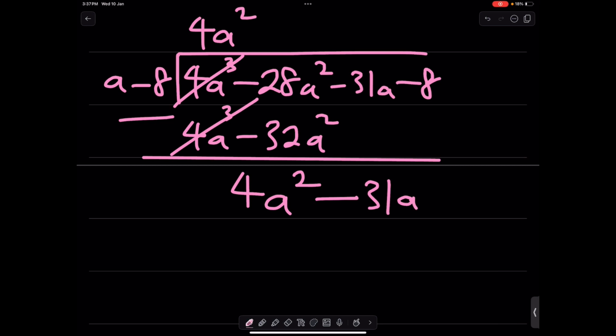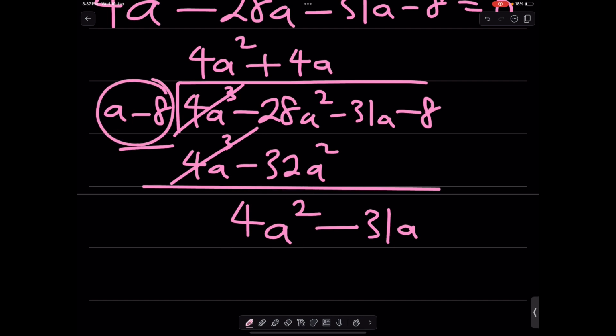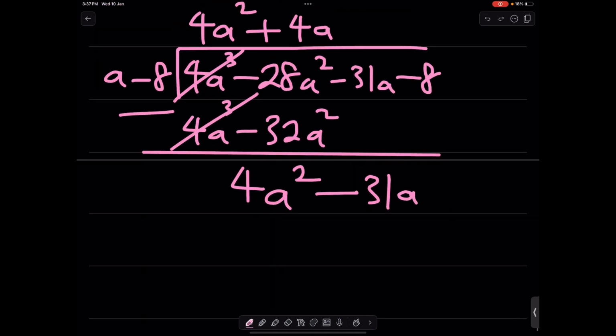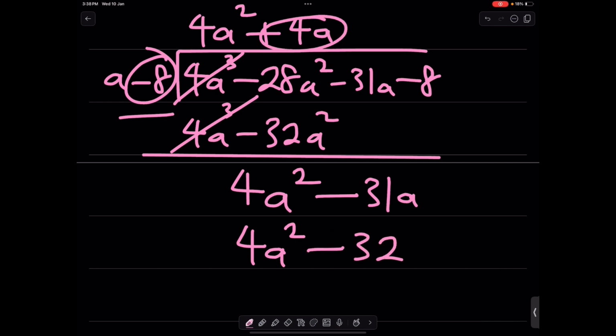We divide again. 4a squared divided by a, that's going to be plus 4a. We multiply the whole of this now by 4a. When we do that, what do we have? We have 4a squared minus 8 times 4a, that's minus 32a.